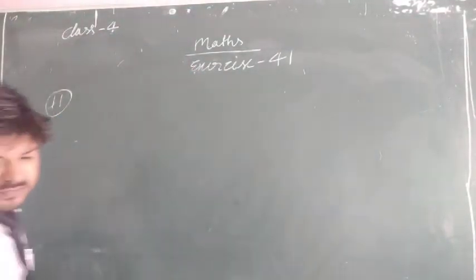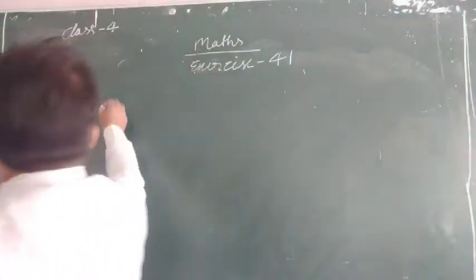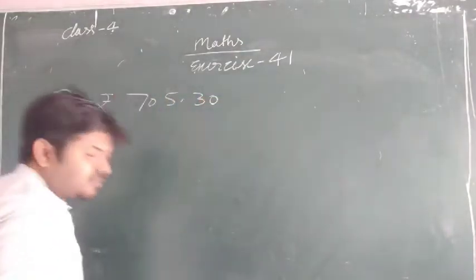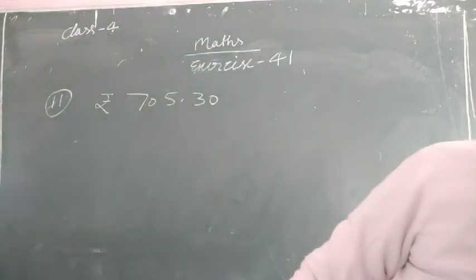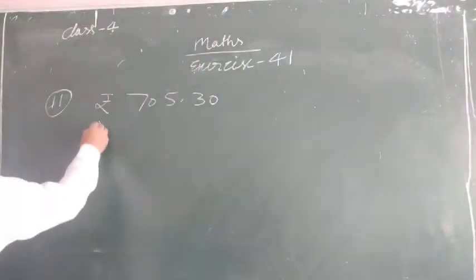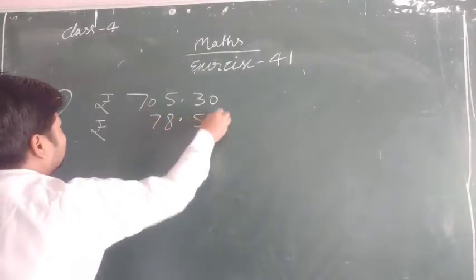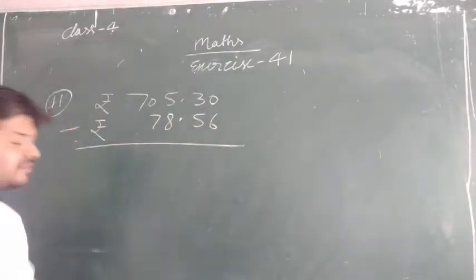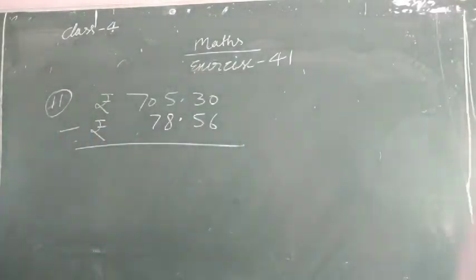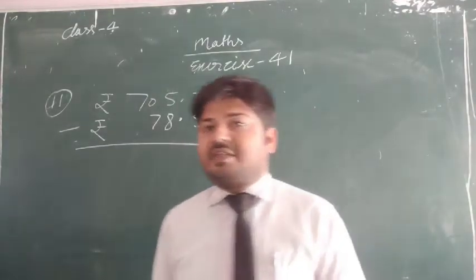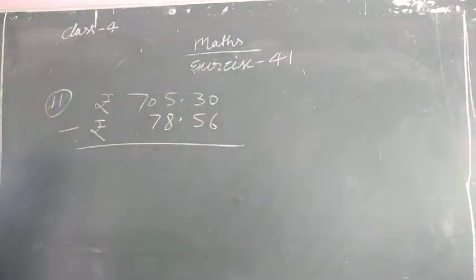The question number 11 is this: rupees 705.30 minus rupees 78.56. Okay. You have to find the difference. In mathematics, difference means subtraction and sum means addition. So you have to find the difference means it will be subtract. Okay.